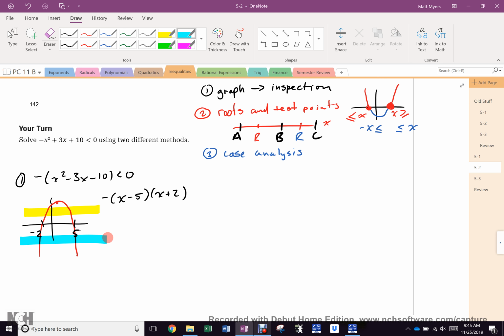On the right. 5. Where does it begin on the left? -2. So just from looking at that, we know x must be greater than what? 5. Or x must be less than -2. And we know our answer just by looking.